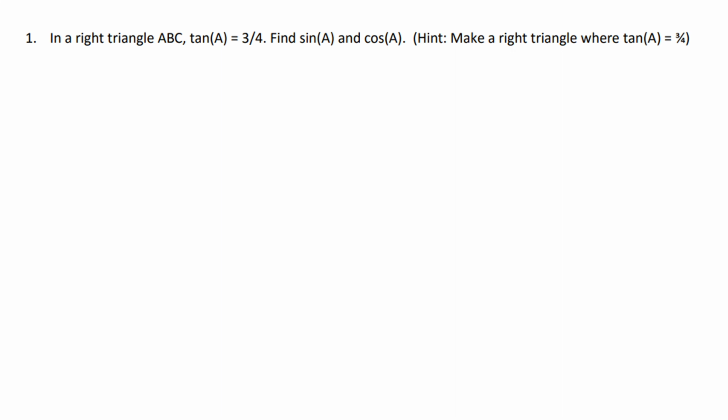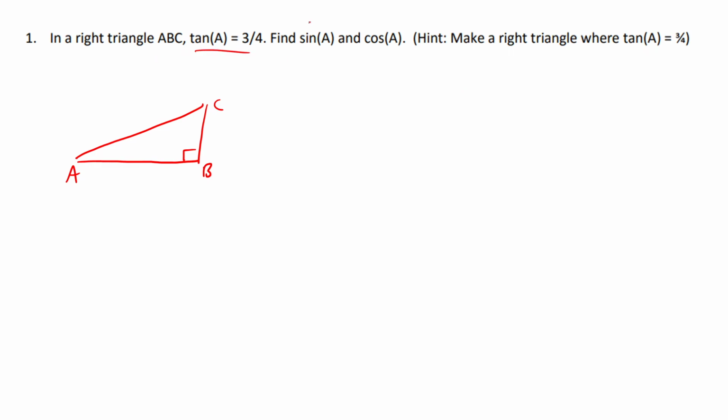They are telling you that in some right triangle, so we could draw a right triangle, ABC. We actually don't know where B and C are, it doesn't really matter. They are telling you that tangent of A is 3/4, and they want you to find sine and cosine. I've given you a hint here, which is to make a right triangle where that's going to be true.